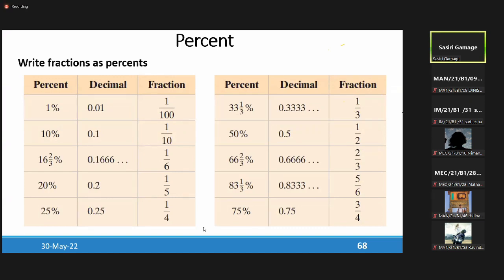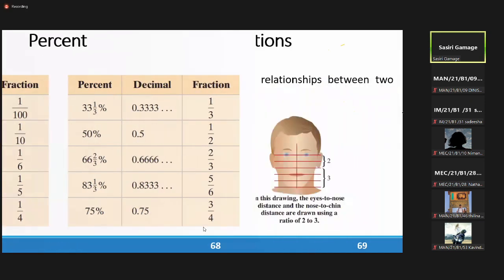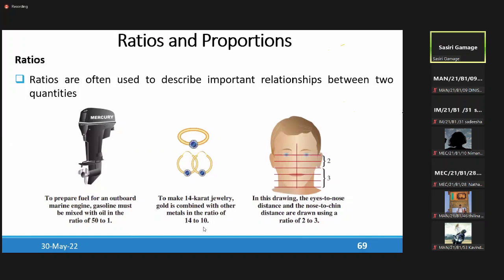Okay, that's about percent. Then we go to the ratios and proportions. Okay, read the slide.